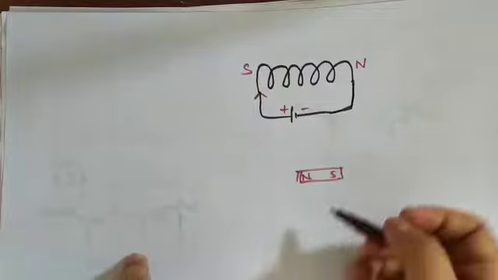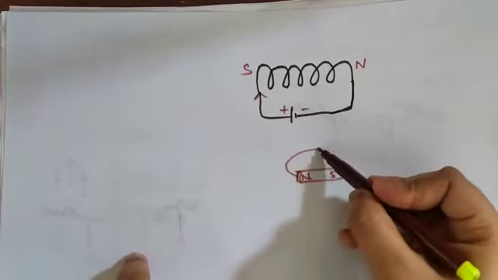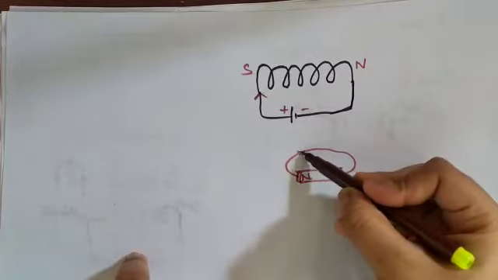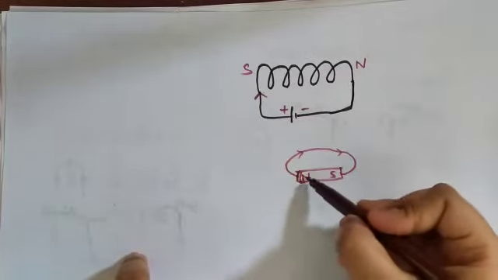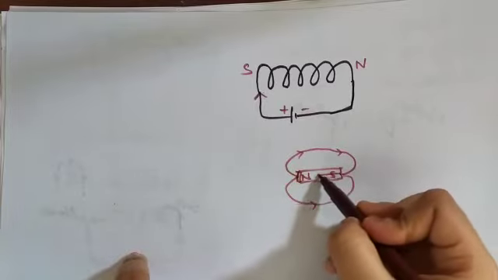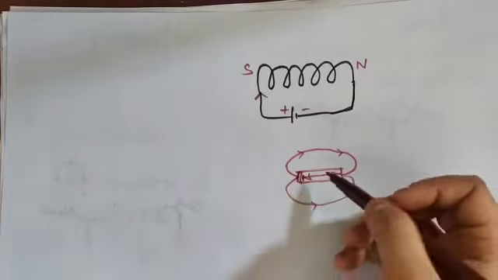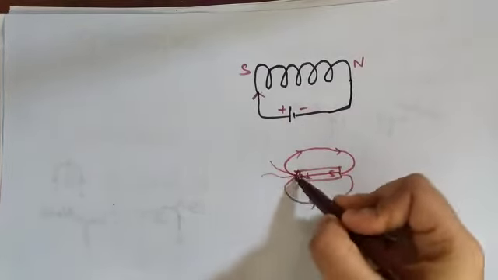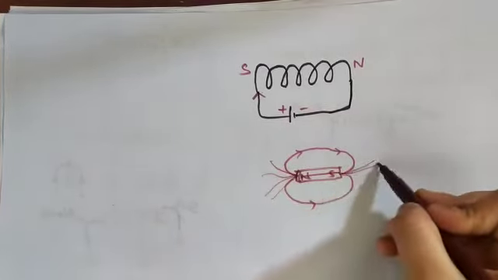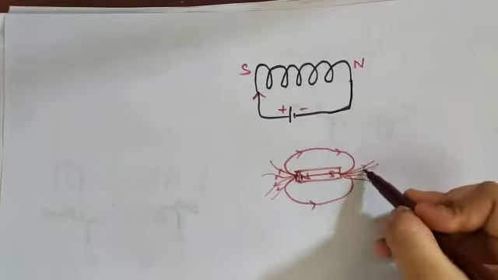With north and south poles, the magnetic lines emerge from the north direction to the south direction. Inside, they go from south to north in straight lines parallel to each other, and near the poles there will be more magnetic lines. So that will be like this.